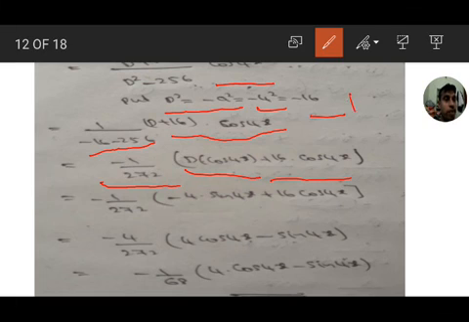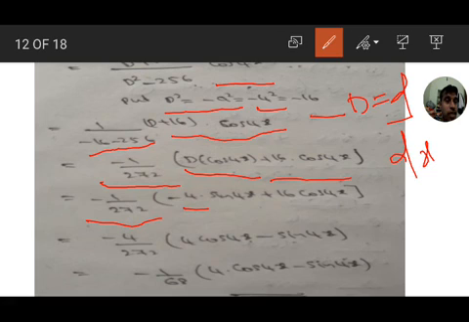D means derivative. Here D means d by dx. Derivative of cos 4x is minus sin 4x into 4, and 4x derivative is 4. So 16 cos 4x, that is as it is.